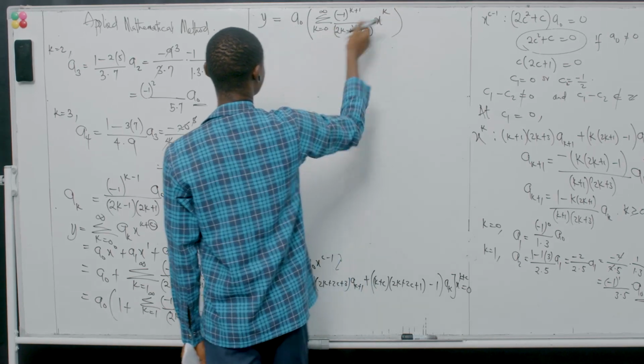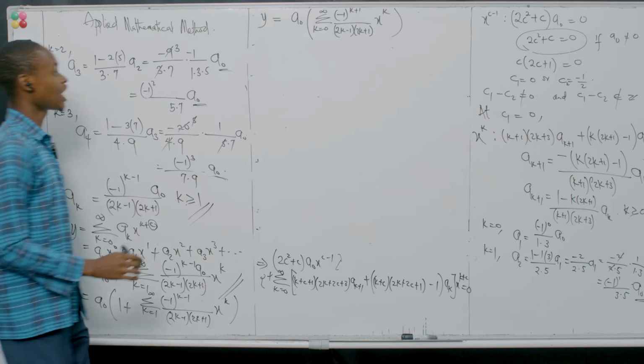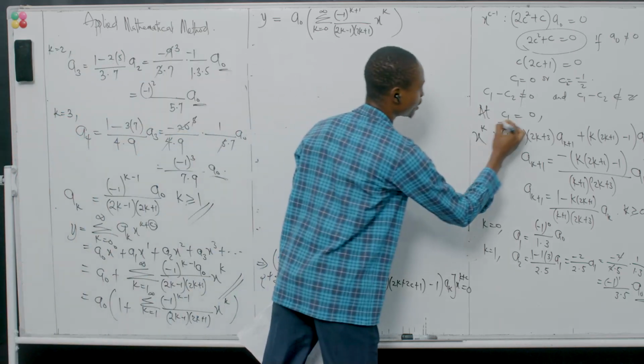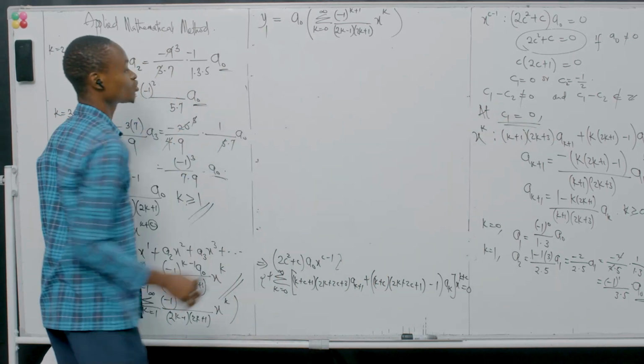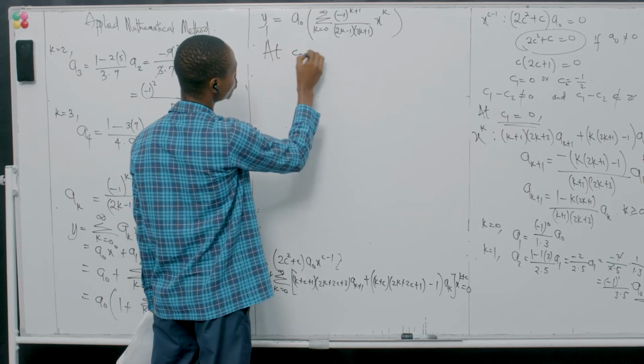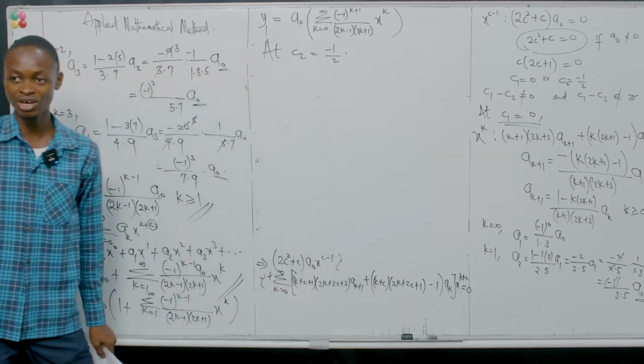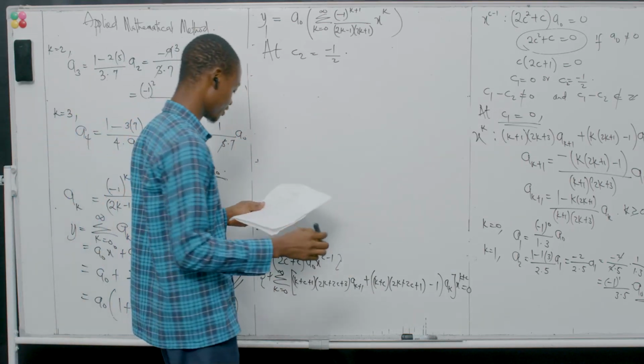And of course, when k is equal to 0, you'd have that guy, right? Now, remember this is just for C1 equal to 0. So let's just stamp this Y1. At C2 equal to minus half, you will follow the entire pattern. So I'll just write the final answer so you can verify that.